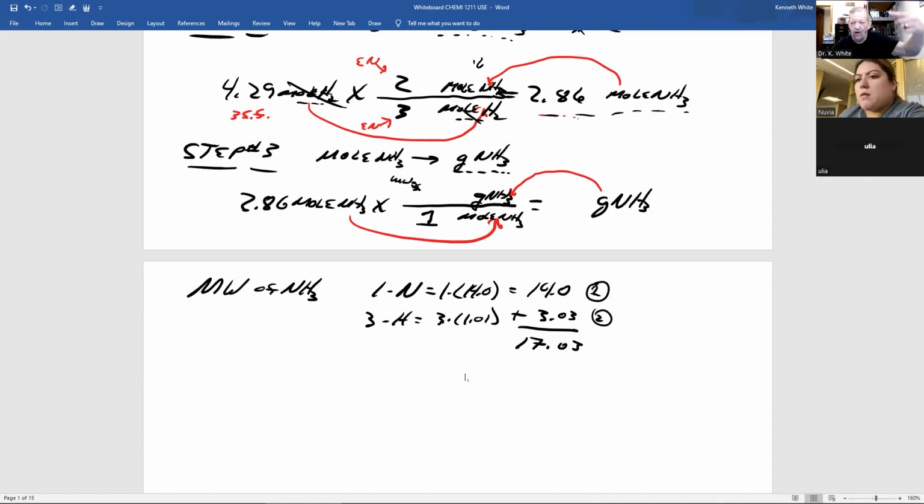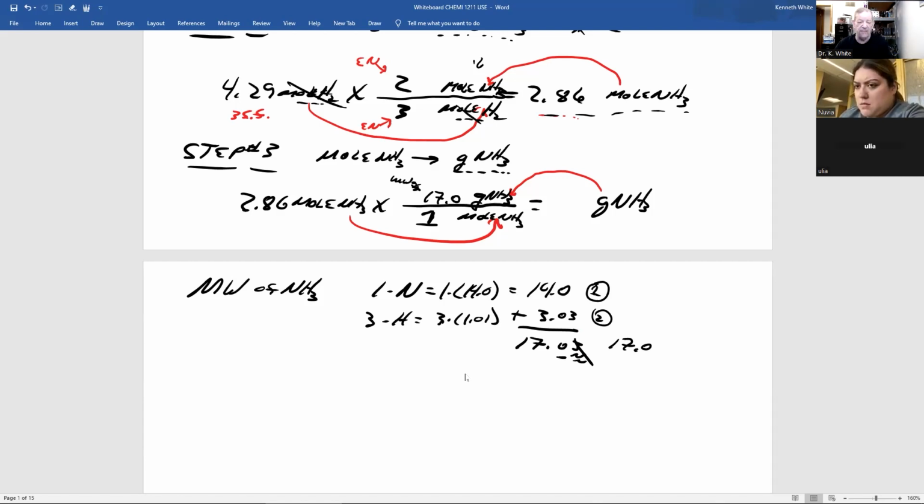So I should have 1 past the decimal. This is my 1. Use this to round off. It's 4 or less. So I'm going to drop it. So the molecular weight of ammonia is 17.0. So for every 1 mole of ammonia, there's 17.0 grams of ammonia.